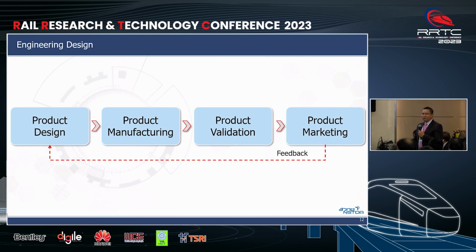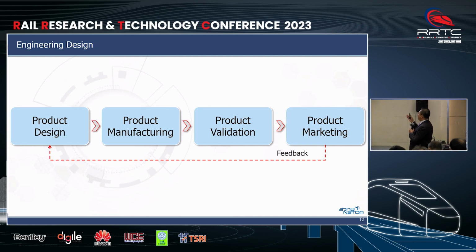So we start with the design. As Dr. Vichai mentioned, research in Thailand should not be conducted only in the laboratory. We should consider the marketing of the research product when we finish.